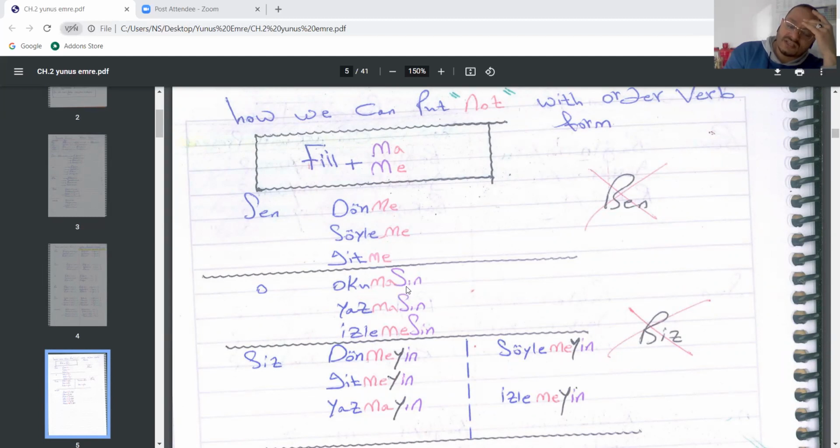But here, s will be plus s delta n. Delta will be the appropriate vowel letter depending on which vowel letter is before. Ma will be sın, me will be sin, to be izlemesin, and here yazmasın.